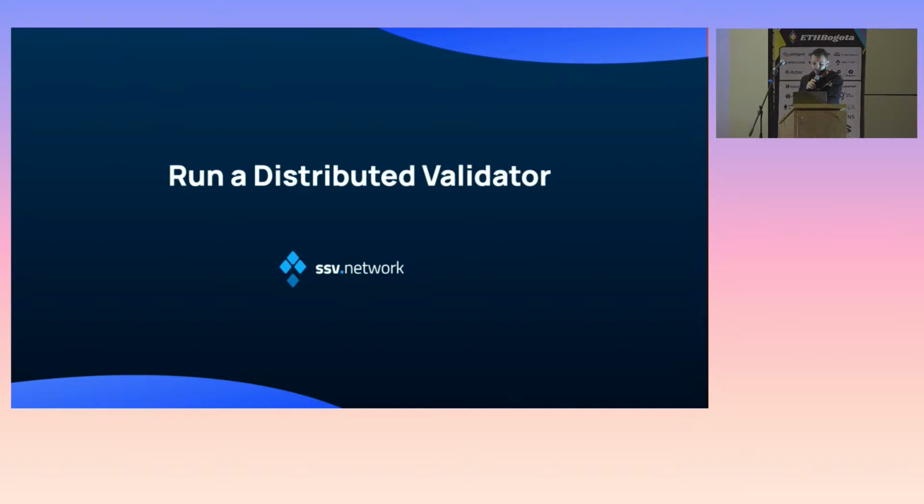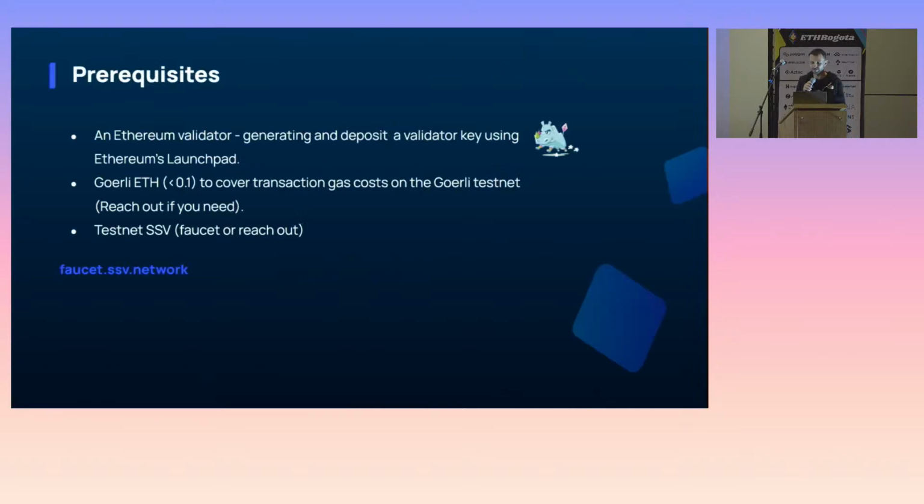To run a distributed validator, there's a simple prerequisite: have a validator. If you don't have one, you can use the Ethereum Launchpad to generate one and deposit. You'll need Goerli ETH and testnet SSV. You can get both from us. You'll need a little Goerli ETH to make the transaction to our contract, and you can get SSV from our faucet.